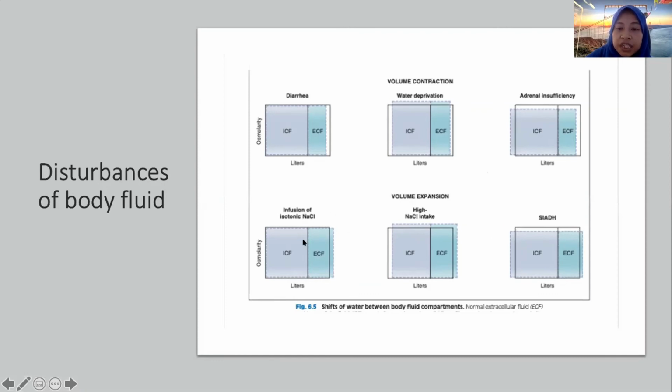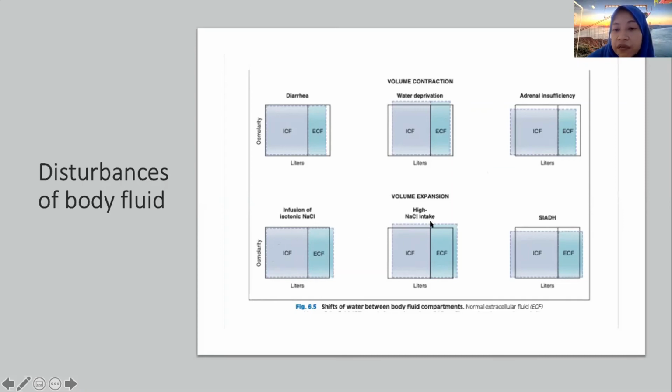This one is for volume expansion. With volume expansion, usually you look at the ECF again. If you give normal saline, you give both water and enough salt. So there will be expansion of the ECF, but there is no change to the osmolarity. Therefore, there will be no change in the ICF.